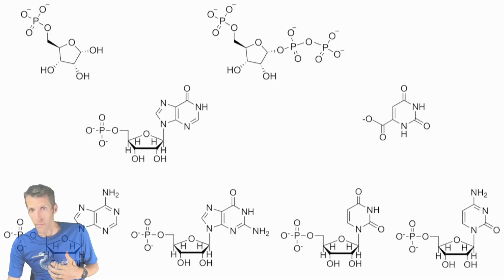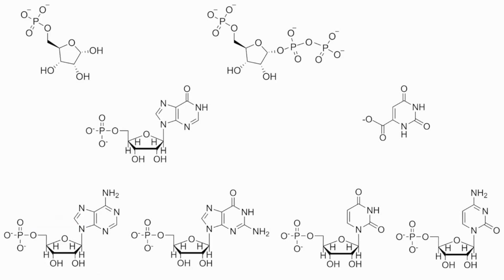The basic starting point for this is this molecule here, R5P. Now, if you've seen my video on the pentose phosphate pathway, that might be ringing a bell. This is one of the primary outputs of the pentose phosphate pathway, the pathway that's right next to glycolysis and gluconeogenesis.